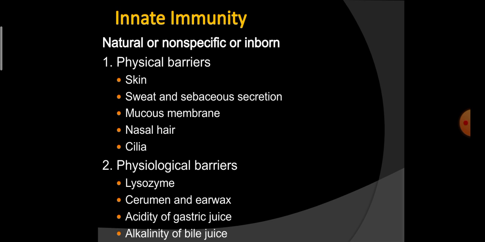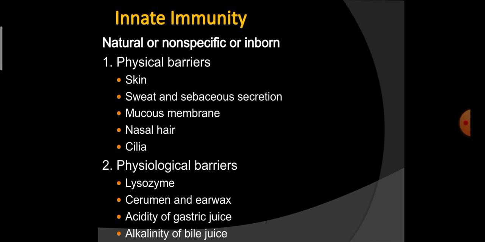Similarly, the mucous membrane also secretes mucus, or mucus is secreted by the glands present in the buccal cavities, nasal cavities, alimentary canal. So, all the tracts have mucus which traps the pathogens and prevents the entry of these pathogens into the internal organs. Then we have nasal hair.